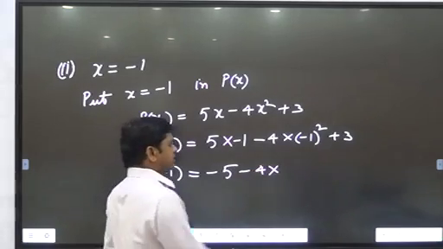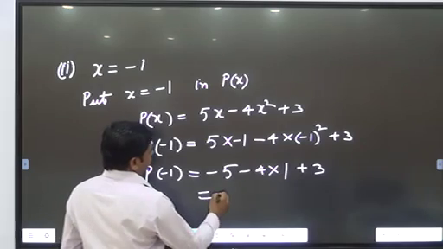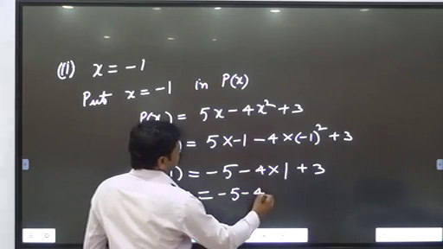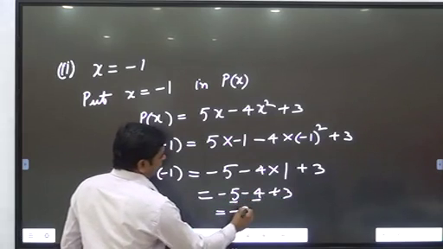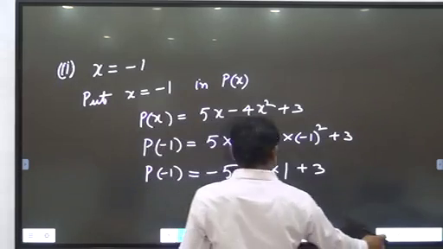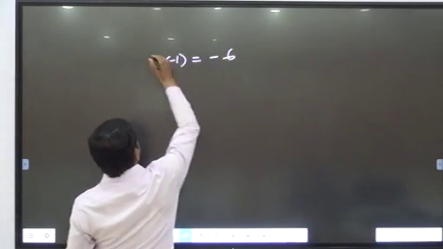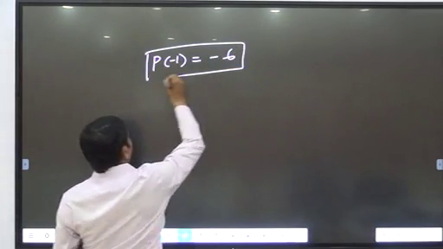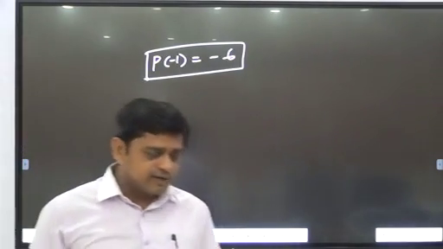Yes, we always get plus 1, and plus 3. So it is minus 5 minus 4 plus 3, equal to minus 9 plus 3. So finally we get p(minus 1) is equal to minus 6. This is the value of the polynomial at x equal to minus 1.